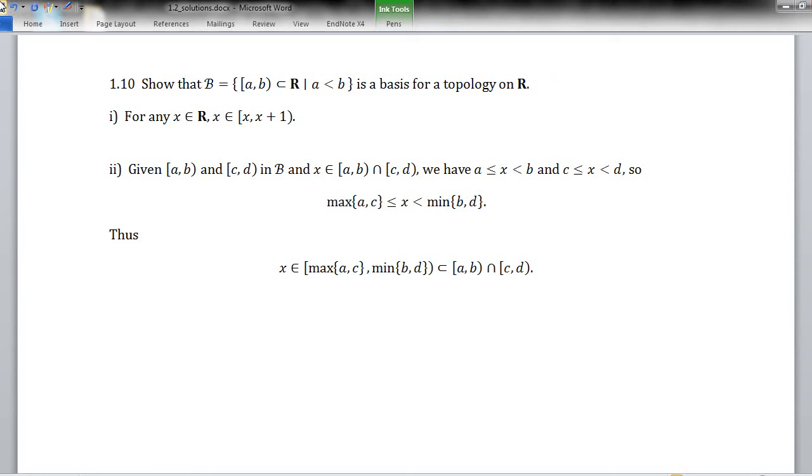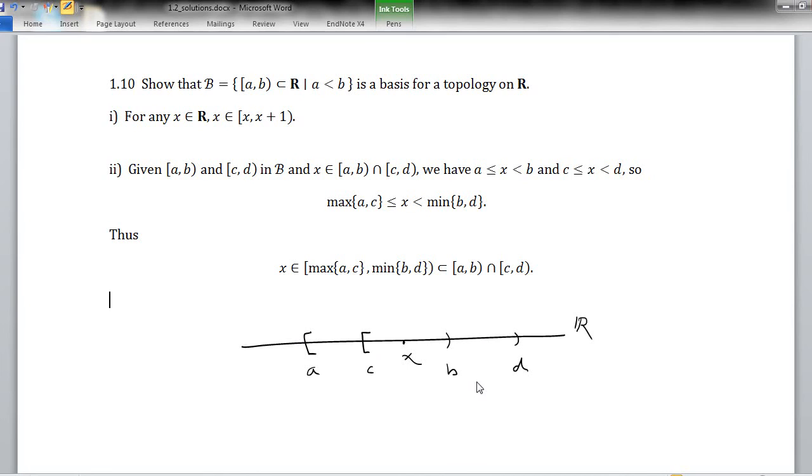So perhaps we can illustrate what we've done here. Let me start with a real number line. And we were given an x, which was contained on the one hand in the interval from a to b, and on the other hand in the interval from c to d, which might be, let's say, from here up to here.